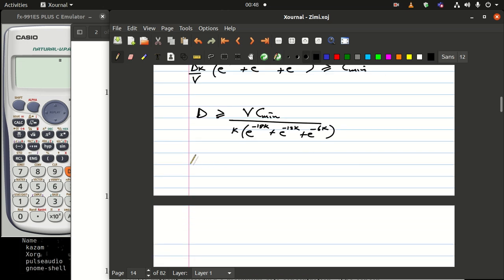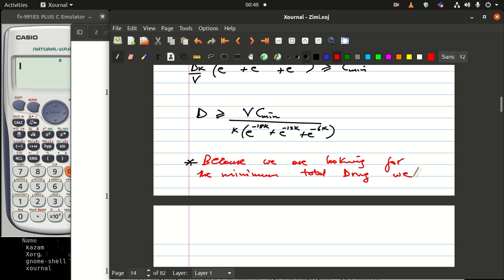Because we are looking for the minimum total drug, let me use red here. We want our D to be small.